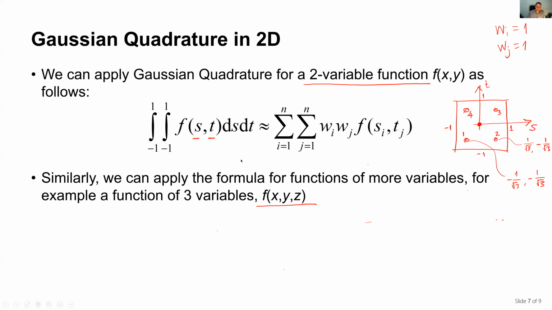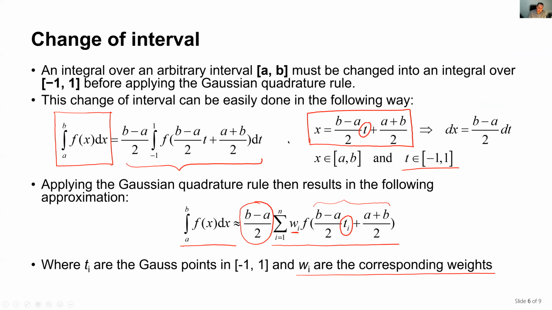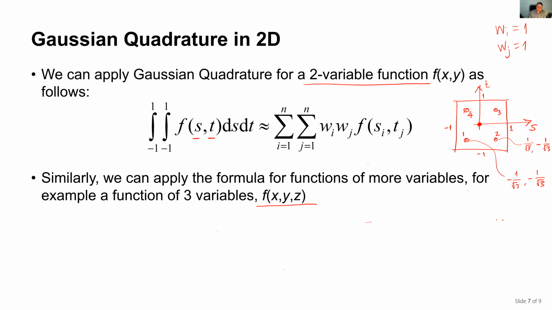And again, in this case, we saw an integral over -1 to 1 for s, -1 to 1 for t, but I can again apply the same transformations as we saw here, and I can transform any integral to this integral.